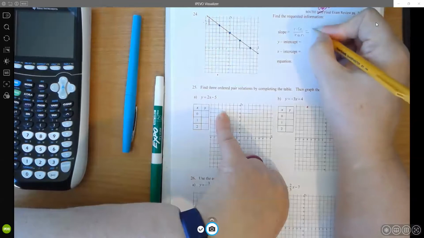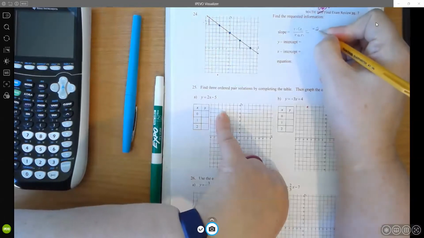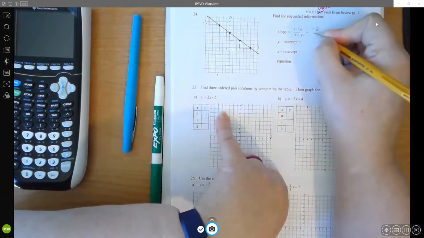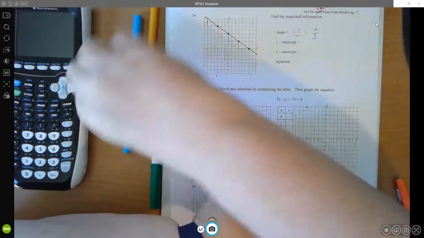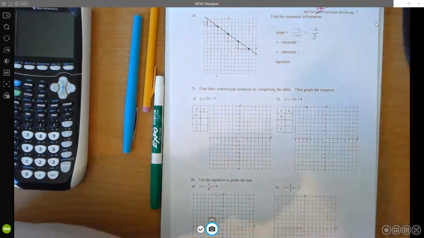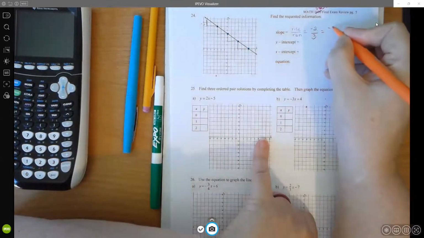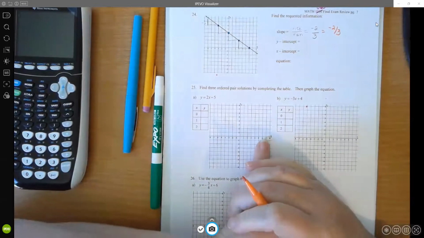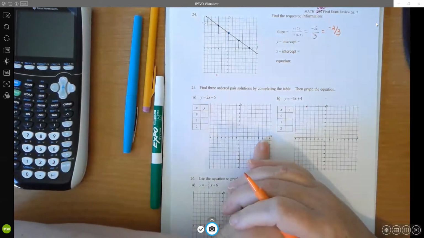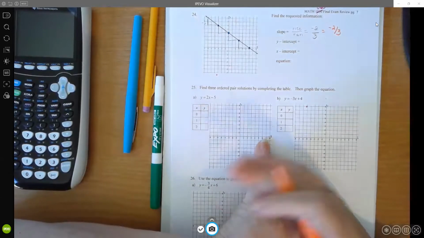So I'm going down 2, which would be a negative, over 3. And so my slope would be negative 2 over 3. I'm going to write that in pen because it shows up better than the pencil on the camera. So that would be my slope.